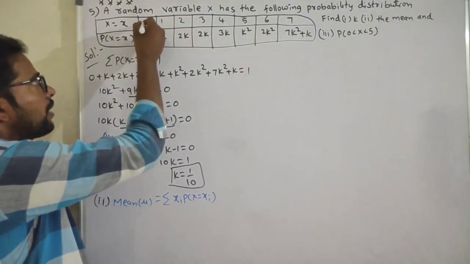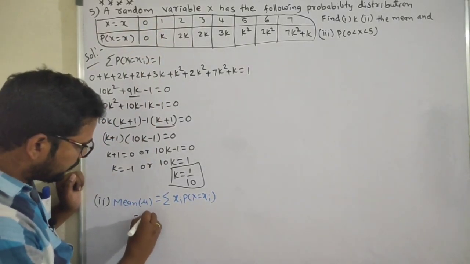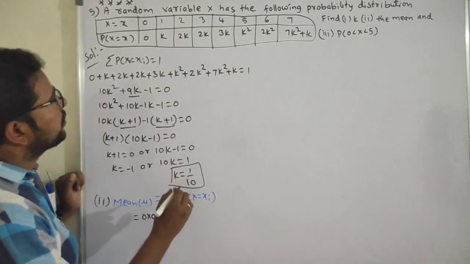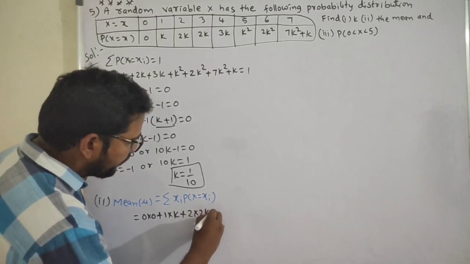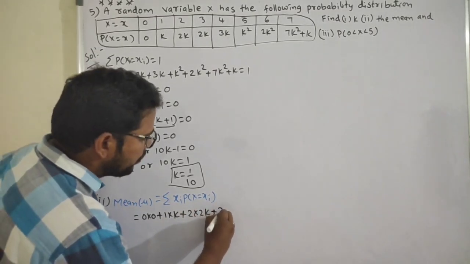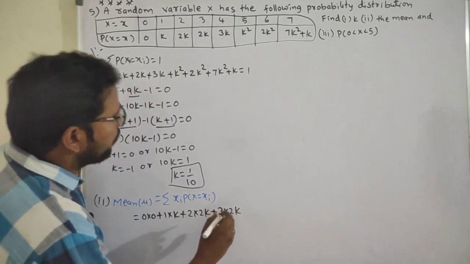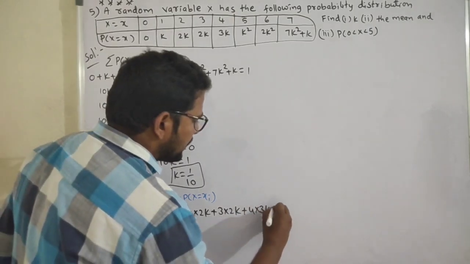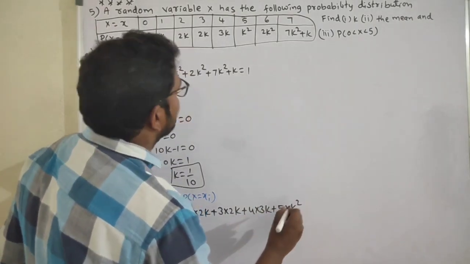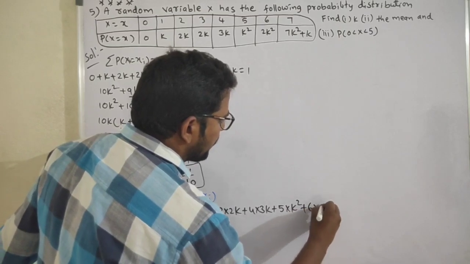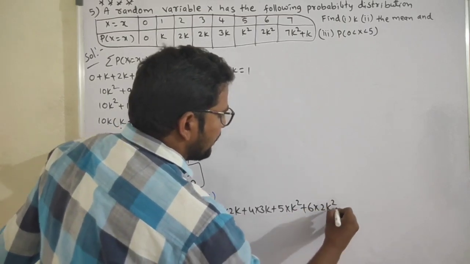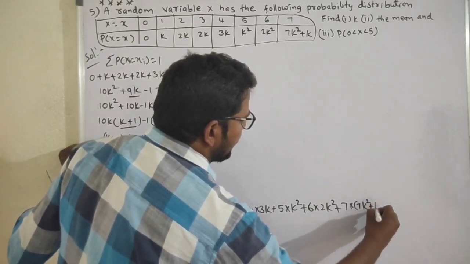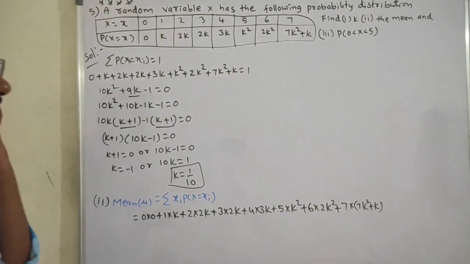First outcome 0, into probability of 0, plus next outcome 1 into k, plus 2 into 2k, plus 3 into 2k, plus 4 into 3k, plus 5 into k square, plus 6 into 2k square, plus 7 into 7k square plus k.